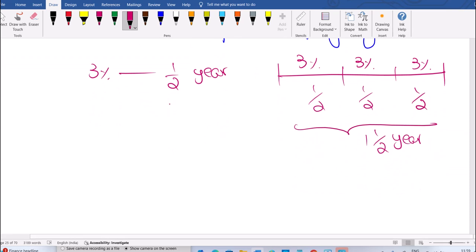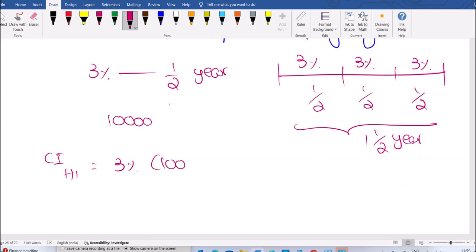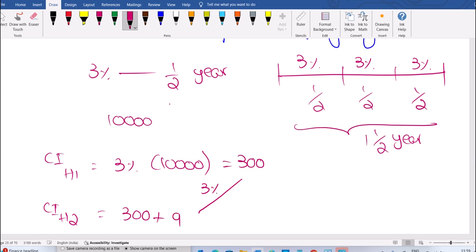For 10,000 investment, for first half yearly, 3% of that will be 300. 1% is 100, 3% means 300. For second half yearly, what it will be this year? For second half yearly, 300 plus 3% of this. 1% is 3, 3% means 9, 309 for second half yearly.